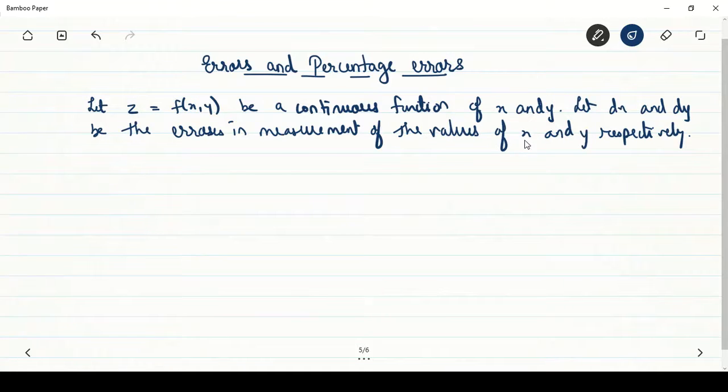Means if you are measuring the variable x, there is an error of dx in x. If you are measuring the variable y, then there is an error dy in y.